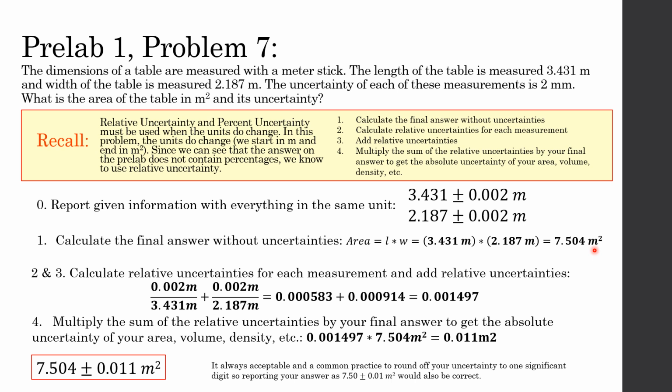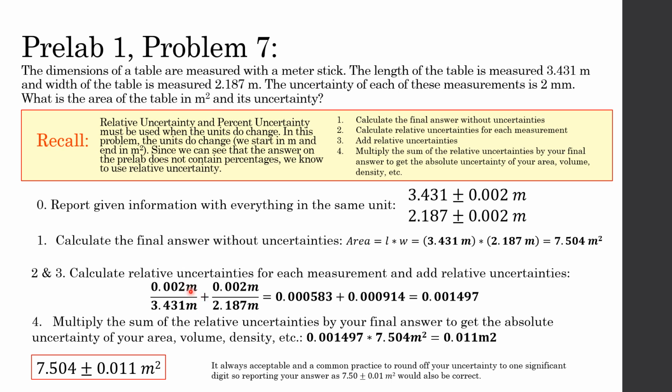As I mentioned earlier, I'm going to combine steps 2 and 3 since it saves me some space. So that means we're going to calculate the relative uncertainties for each measurement, and then we're going to add the relative uncertainties. Remember, this was step 2, this was step 3. All I've done is combine 2 and 3 together. So to get the relative uncertainties, we're going to take our absolute uncertainty and divide it by our measurement for both of our measurements.